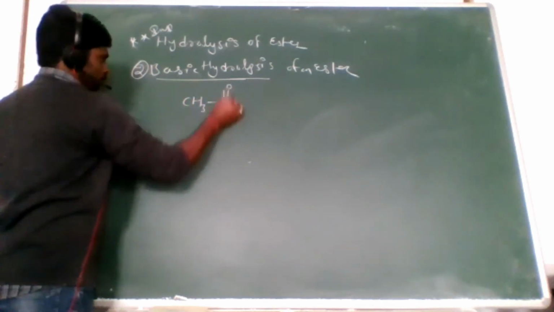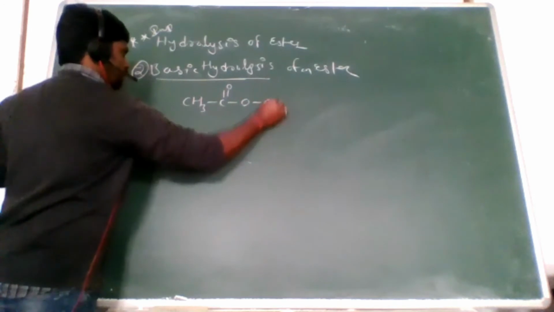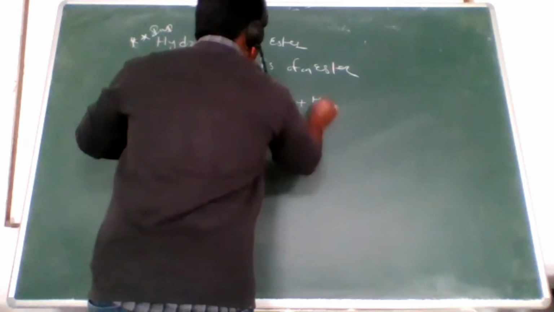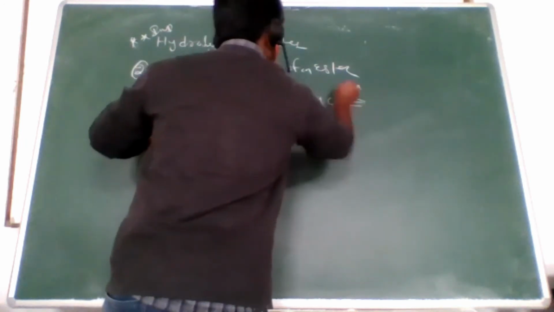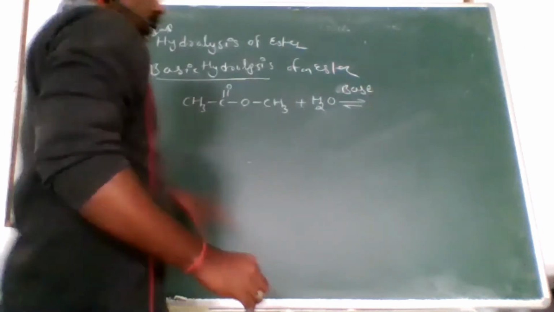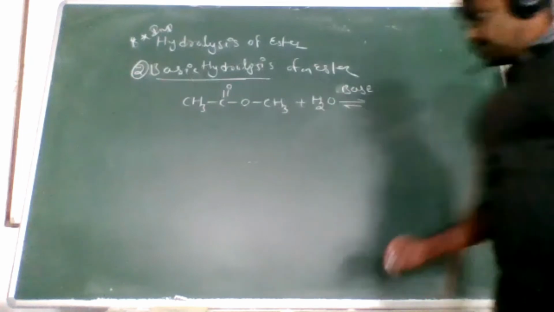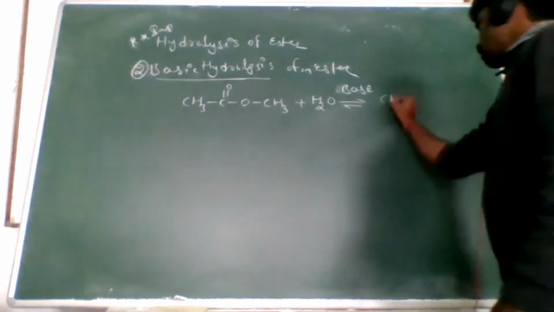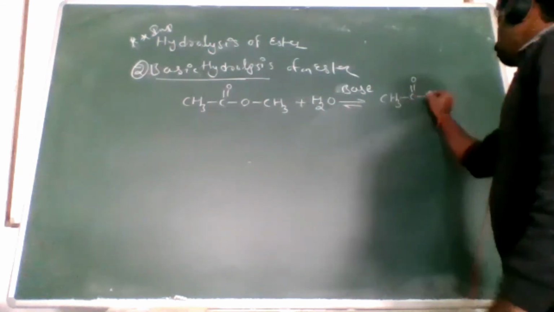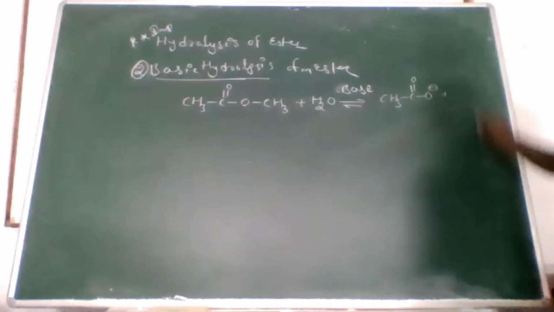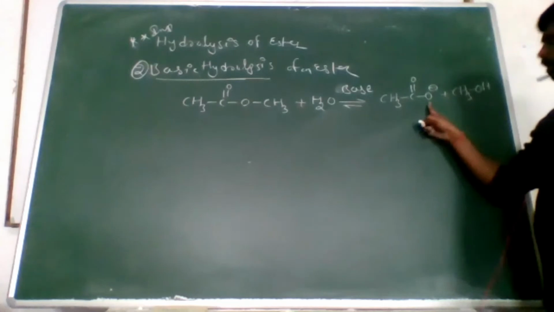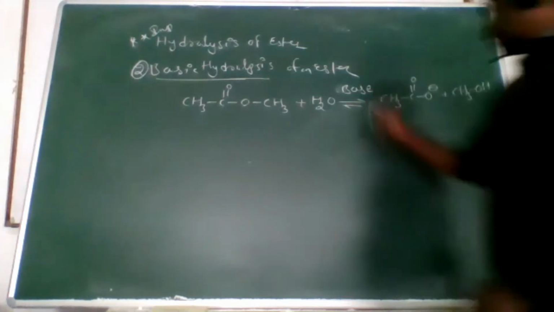When it undergoes hydrolysis in the presence of base, it gives the carboxylate ion, CH3 C double bond O minus, and an alcohol.